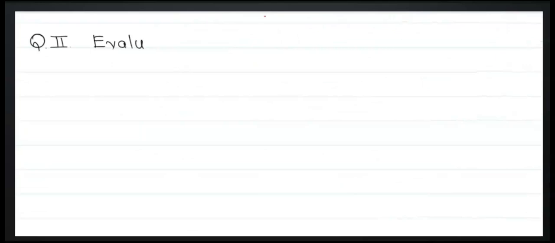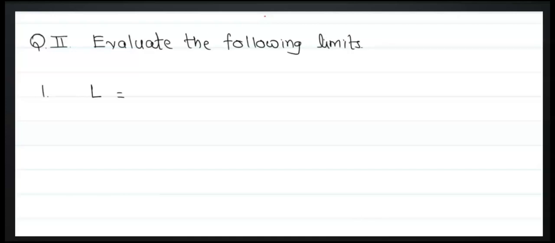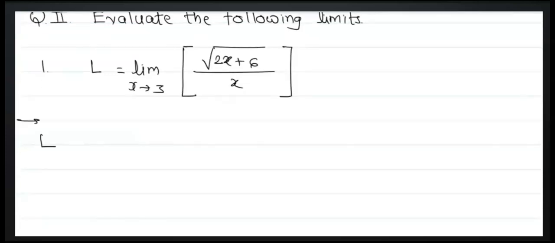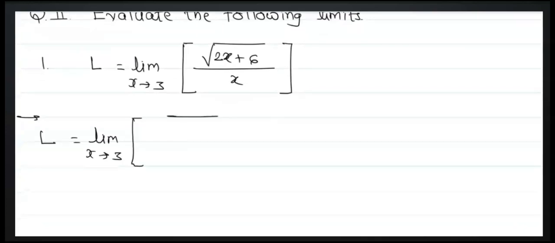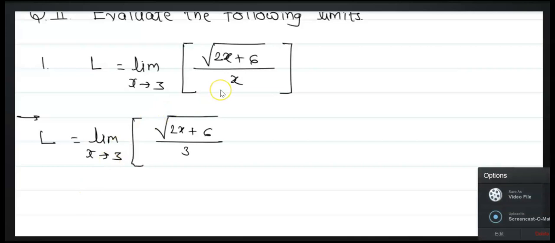Now next, question number 2. Evaluate the following limits. L is equal to limit x tends to 3 in root of 2x plus 6 upon x. Now what is happening here? If we substitute x is equal to 3, then 2 into 3 is 6, 6 plus 6 is 12.